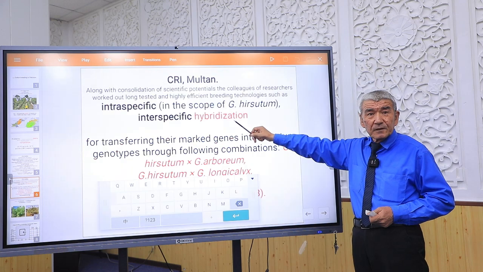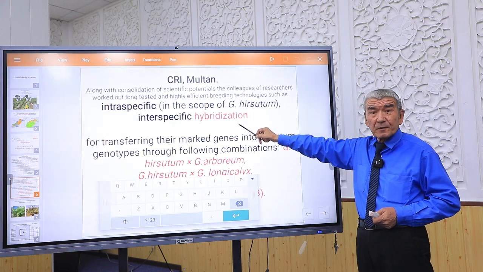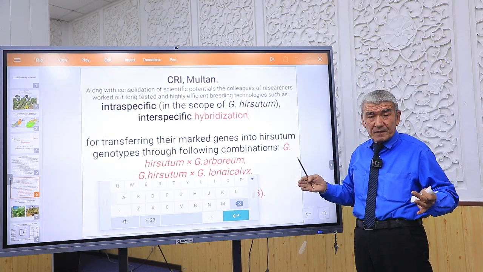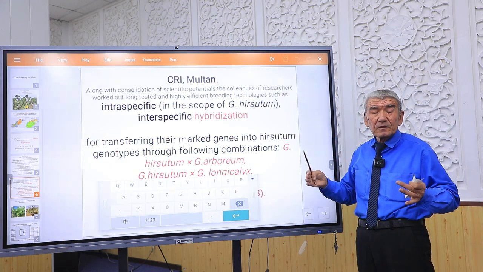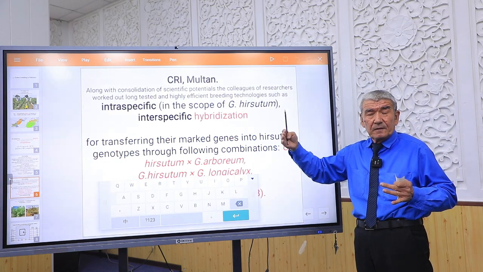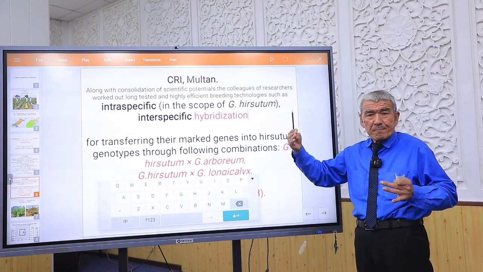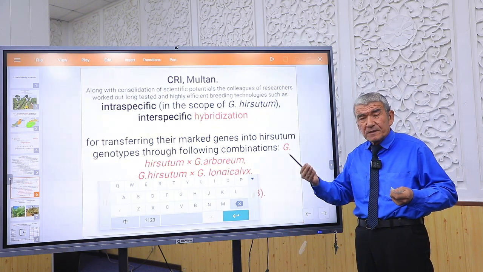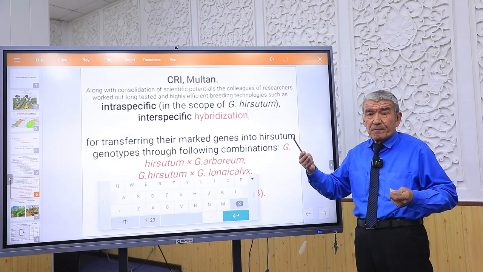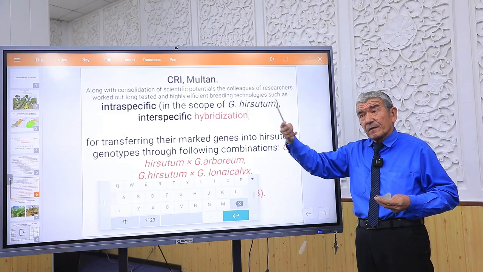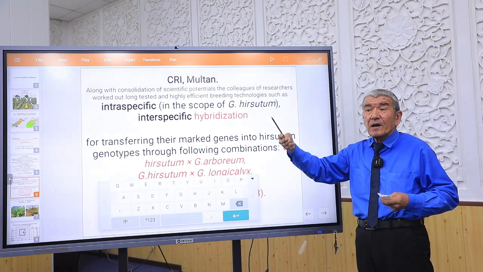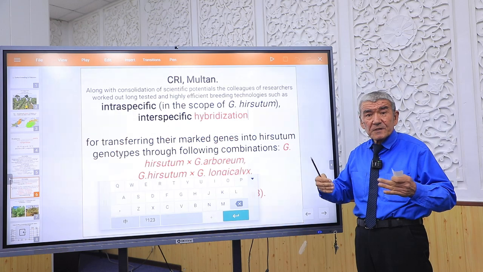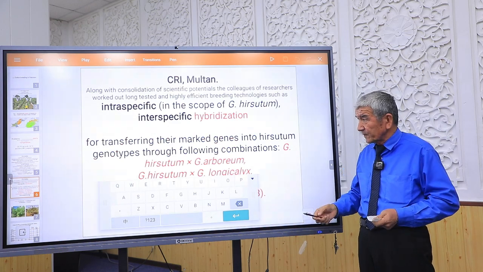And the second one is interspecific hybridization. This is a more complicated method, attracting other wild species into the breeding process to transfer some existing wild traits and properties into the cultivated varieties.